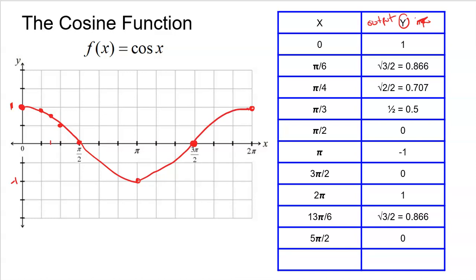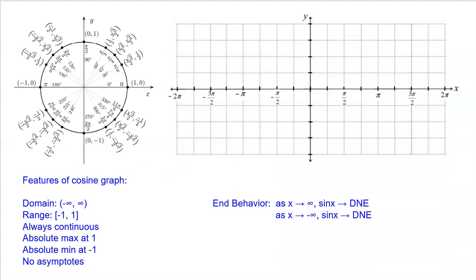Now, to truly understand this, let's look at that unit circle. Again, this is where you really have to focus. As I start at 0 radians, what is my x-coordinate? 1. So that's why we start at 0, 1. And watch, don't think about the fact that I'm going up, because the going up is just the fact that my radians are increasing and my angle's getting bigger and bigger.